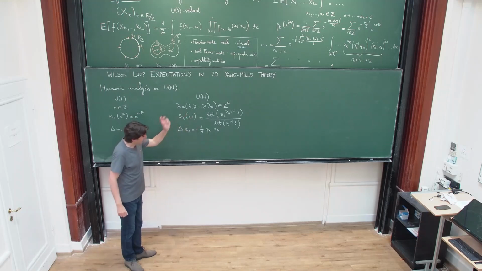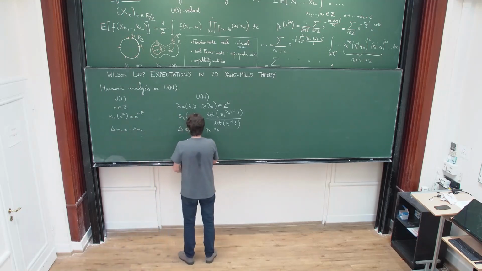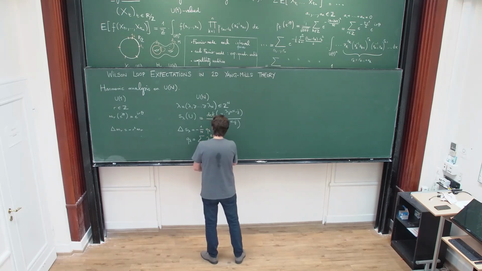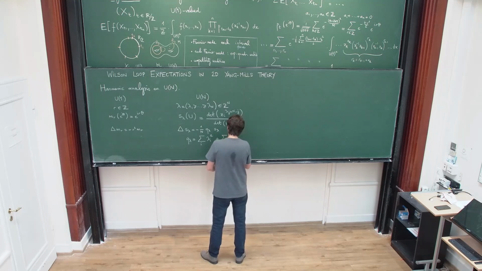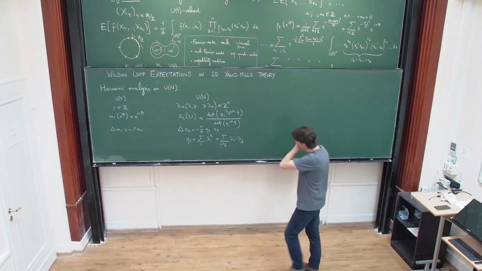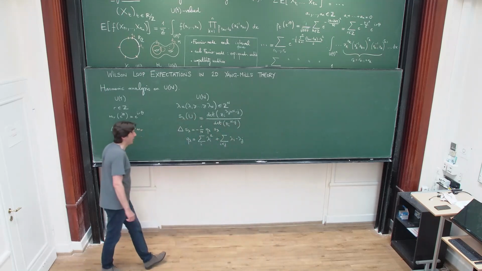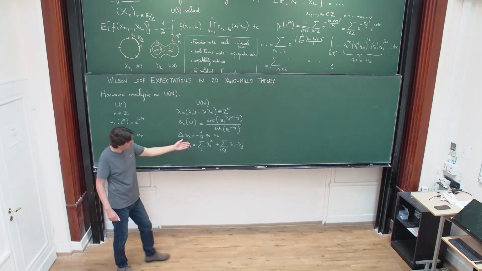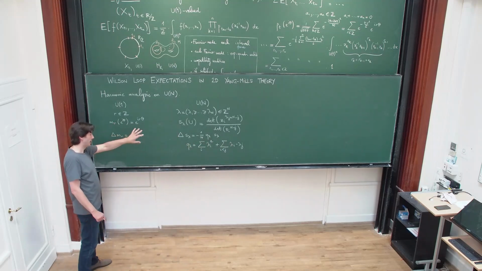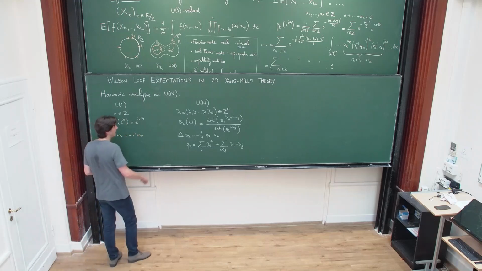I'm writing q lambda, again not because I'm going to use it, but to show that it's not a terrible function. It's the sum over i of lambda i squared plus the sum over i smaller than j of lambda i minus lambda j. So this is an explicit expression that replaces this r squared. And again, it should specialize to this left column when we take n equals 1.